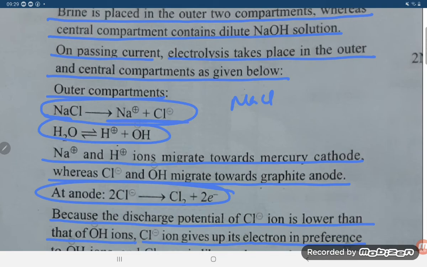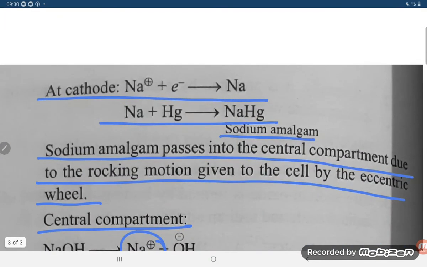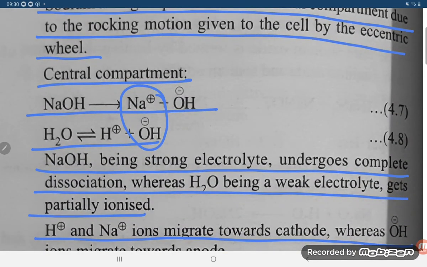At the anode, 2Cl- converts into Cl2, and water is there, forming NaHg, and finally it will form NaOH.